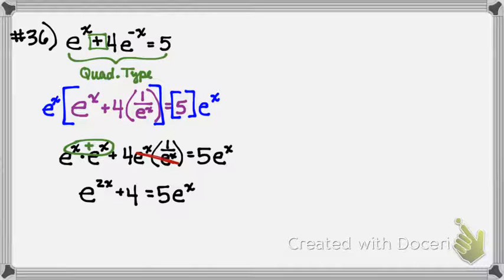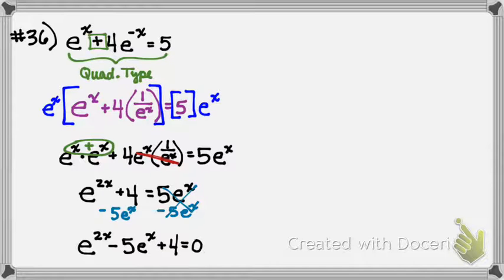I told you at the beginning we were working with a quadratic type, and I told you what I saw that gave me that hint. Quadratics need to be set equal to what? 0. So let's subtract 5 e to the x from both sides. So e to the 2x minus 5e to the x plus 4 equals 0.